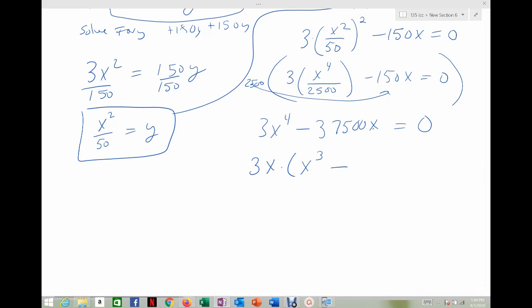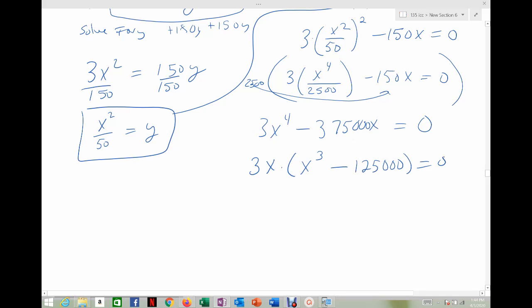I think I'm missing a 0. 150 times 2500. Yeah, I am missing a 0 here. There should be an extra 0. So it is 375,000 times x. Alright, that's what I'm going to divide out by 3. So it comes out 125,000 equals 0.